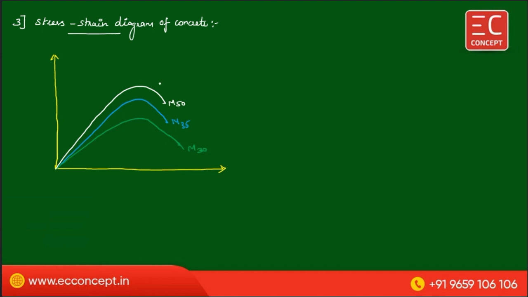You know, in the stress strain diagram, all concrete grades attain the ultimate strength at a strain of 0.002, and the remaining ones at 0.004 and the last one at 0.006.